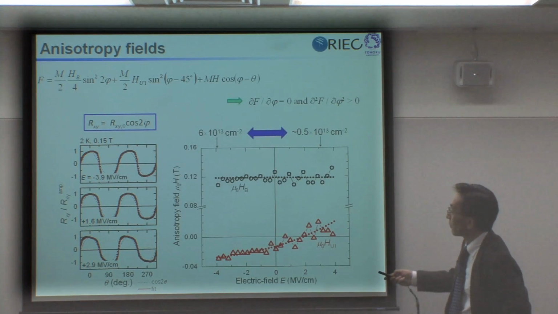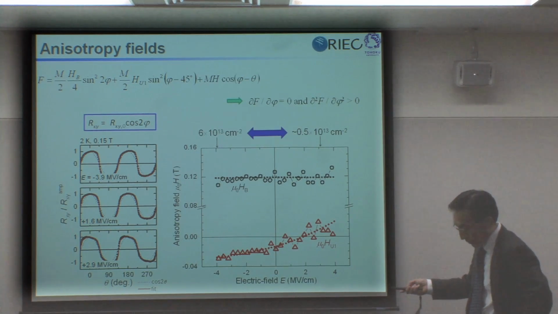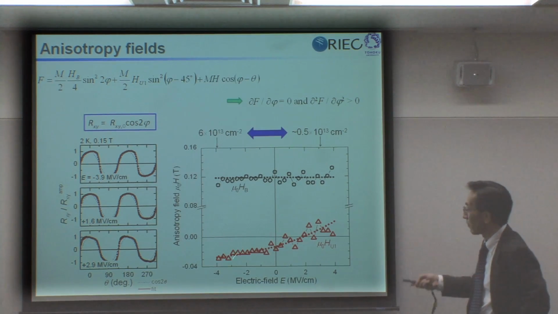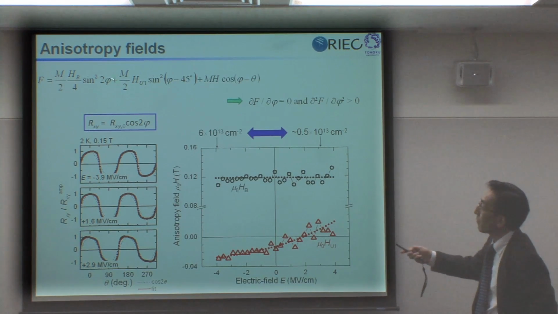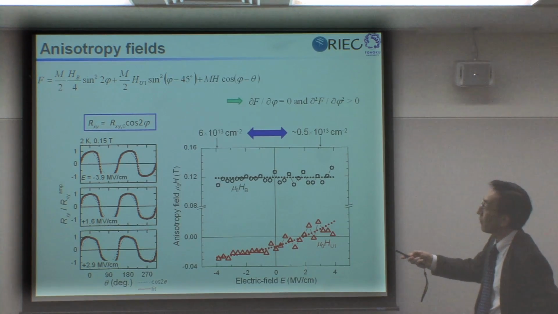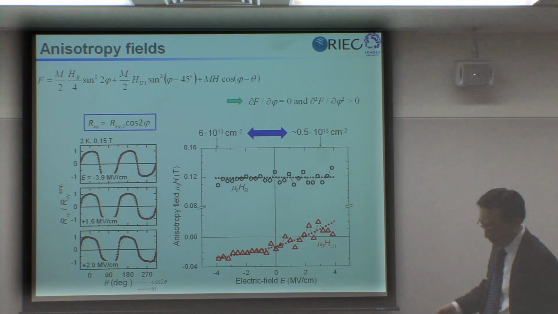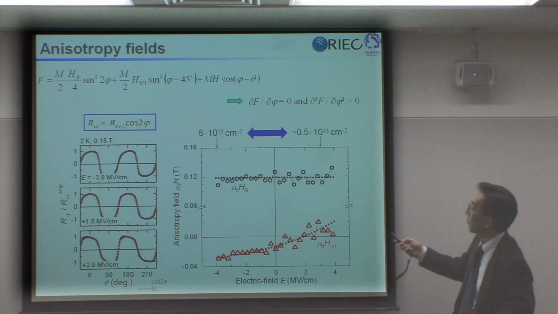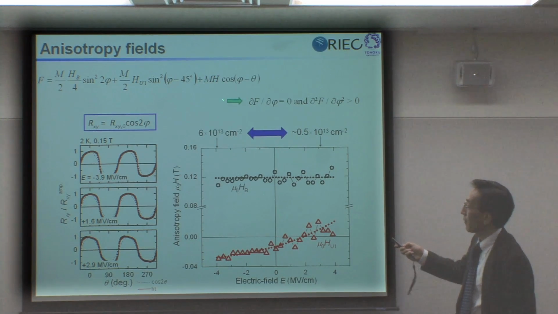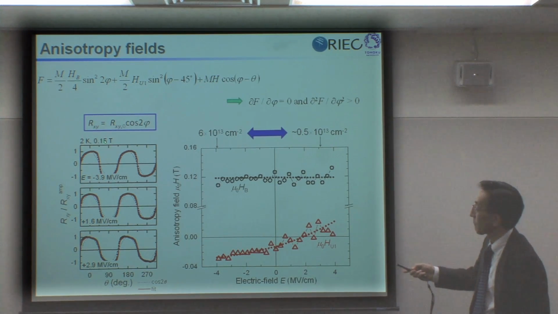So you can quantify this effect of carrier concentration or electric field by assuming that we have this free energy, which is determined by biaxial anisotropy, uniaxial anisotropy, and also this Zeeman term, because we have applied a slight magnetic field of 0.15 Tesla.